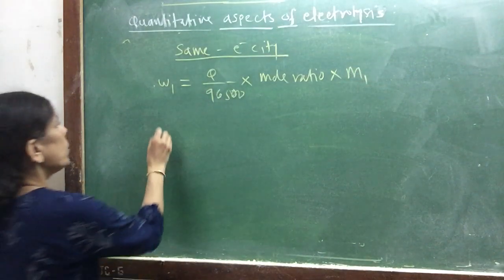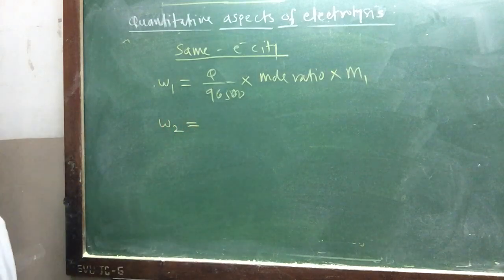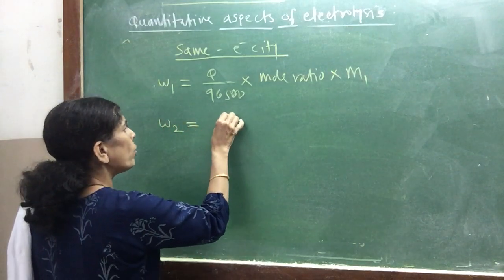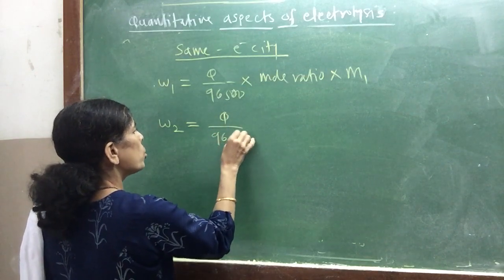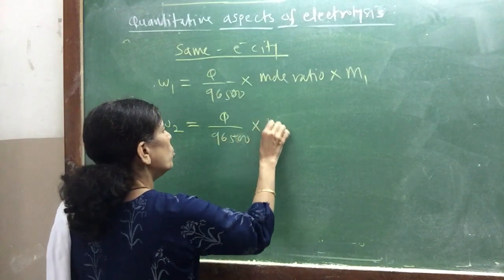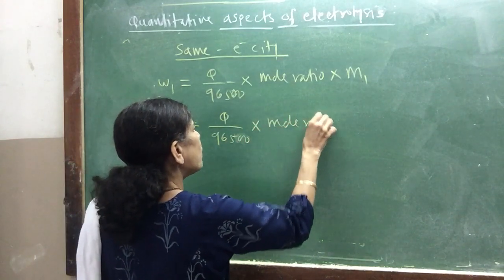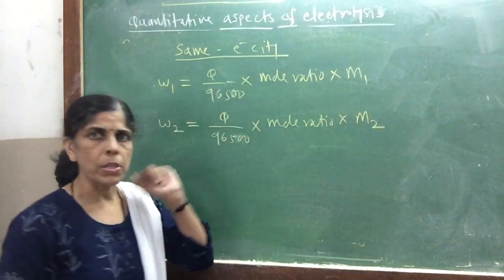In another cell, the amount of substance that will be deposited is, again, since we are passing the same quantity of electricity, Q upon 96500 moles of electrons into the mole ratio in that particular cell into the molar mass of that particular substance which is deposited.